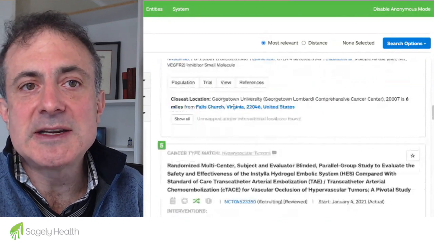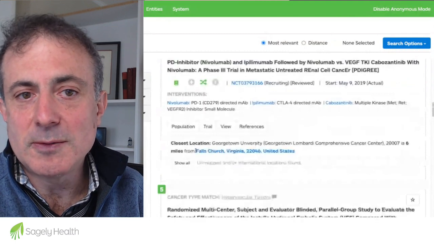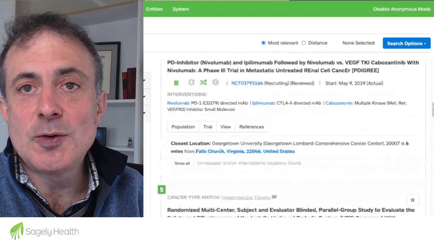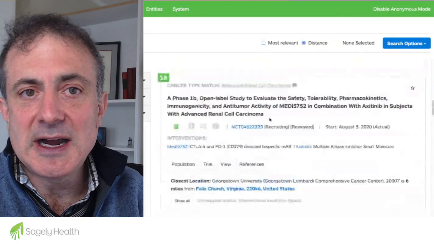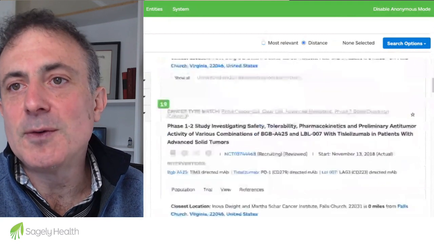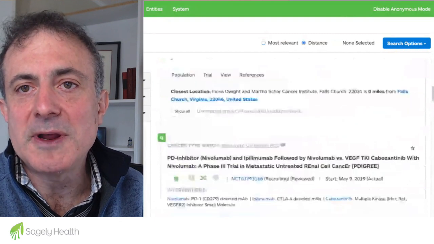And what you can see is when I look at where this is located, up comes Georgetown, which is literally 6 miles away from Falls Church. When we look at all of these, and I can sort by distance, we'll see that this trial, amongst a few others, comes up really at the top of what would be available.